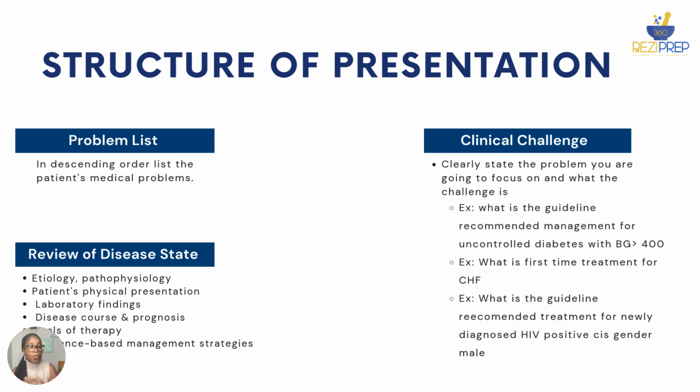Next, a problem list is going to emerge as a result of the imaging results, the hospitalization course, and everything. This is where you are going to clearly outline what the patient's acute problems are. People think that this is dramatic or whatever, but to understand the patient's problem list and make sure that you are listing them correctly in descending order, just ask yourself, which one of these puts the patient's life at risk the most?